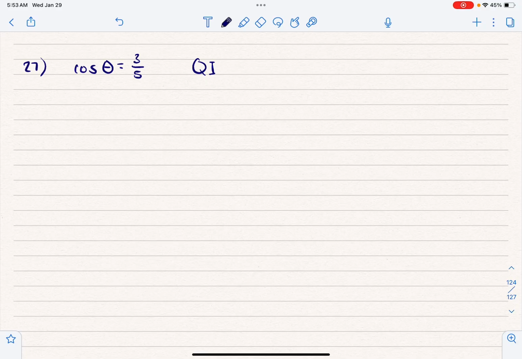So with this first one, if they give me cosine, I'm immediately going to look for sine. I'm going to say sine theta is equal to plus or minus square root of 1 minus cosine squared theta.